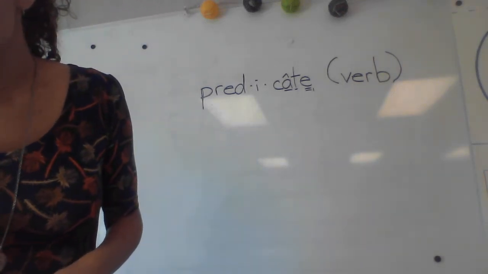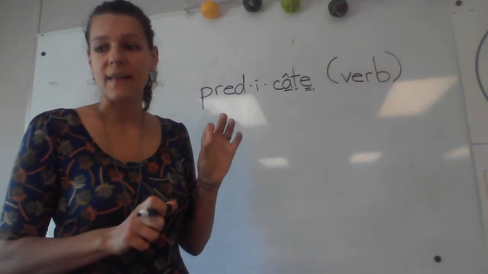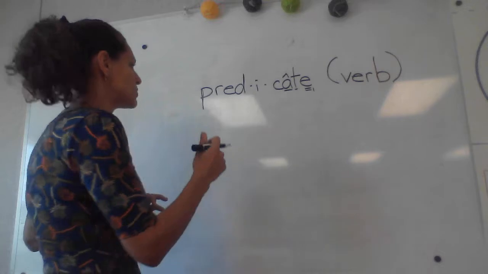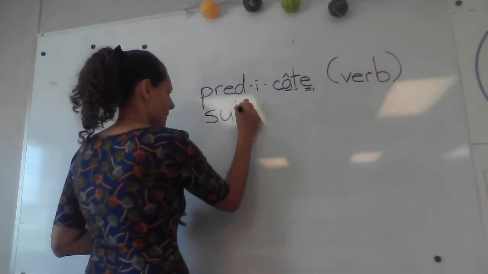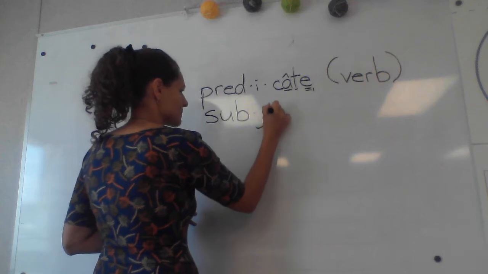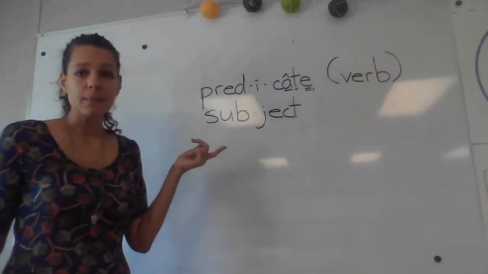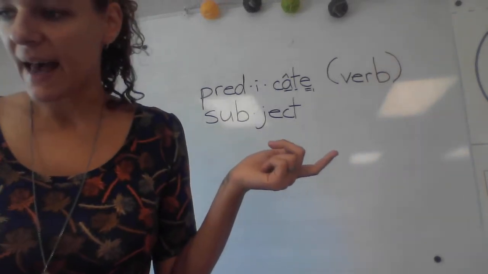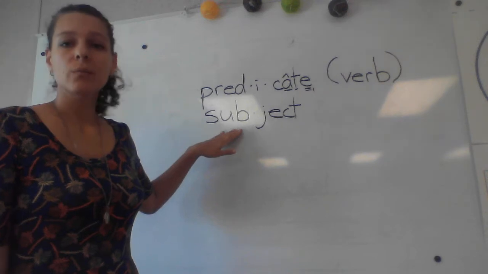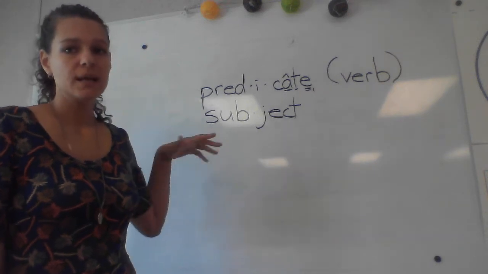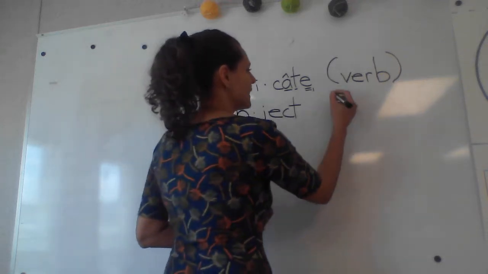And so the cat, the who or what is doing the action, we call the subject. Right? Subject. Our subject is who or what is doing the action. And the kind of word that would be a subject is usually a noun.